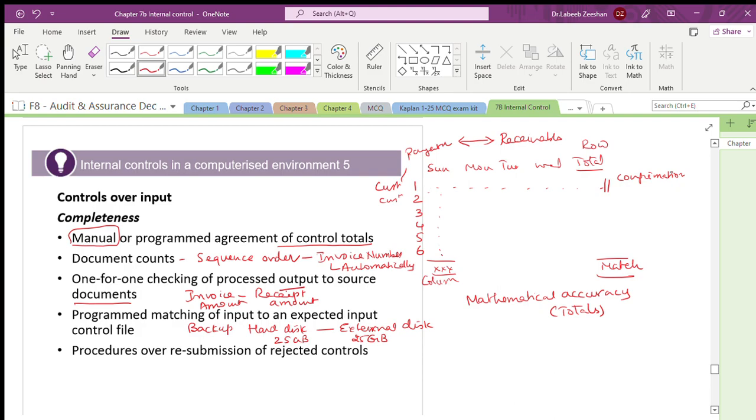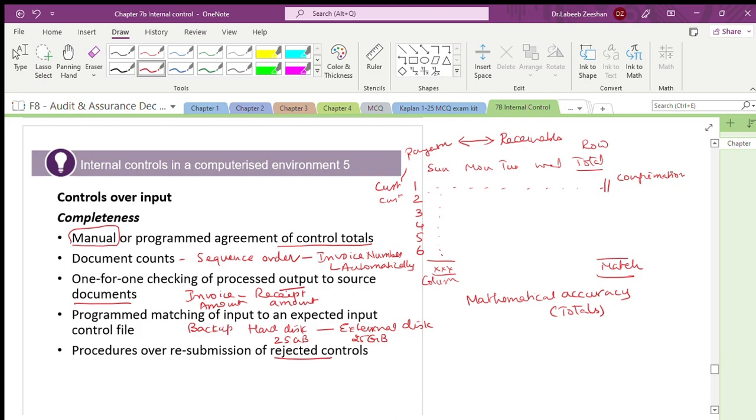Procedures of resubmission of rejected controls. Sometimes the transactions will be rejected, meaning they will not be taken into consideration. As simple as that. You are swiping the product and the product is not accepted.